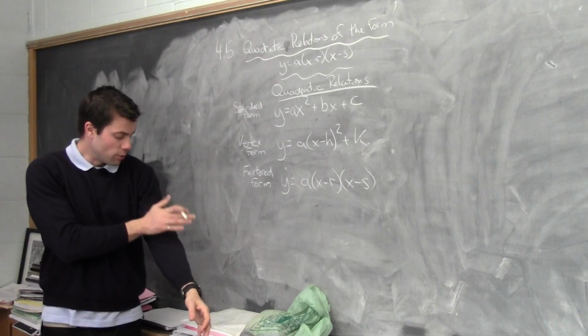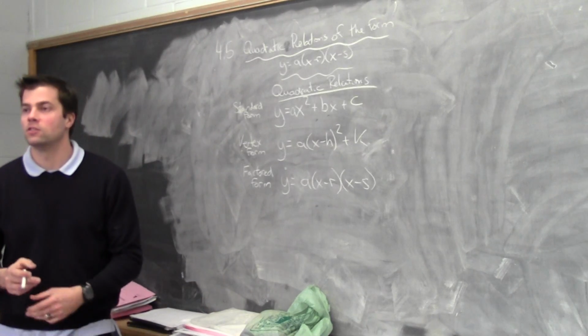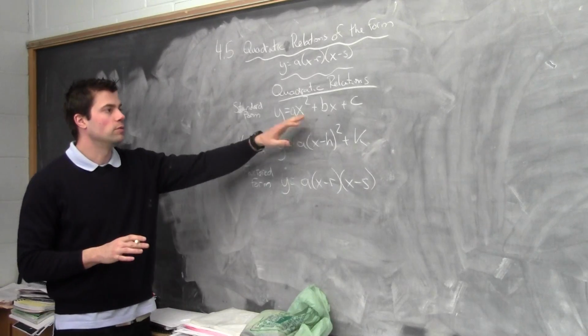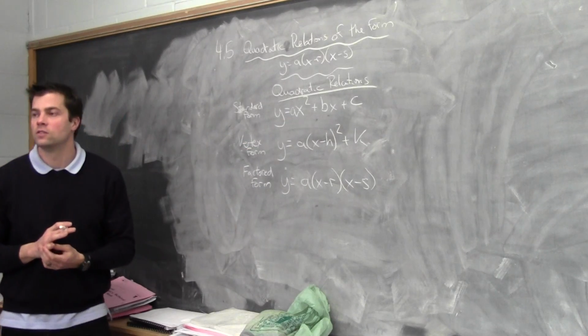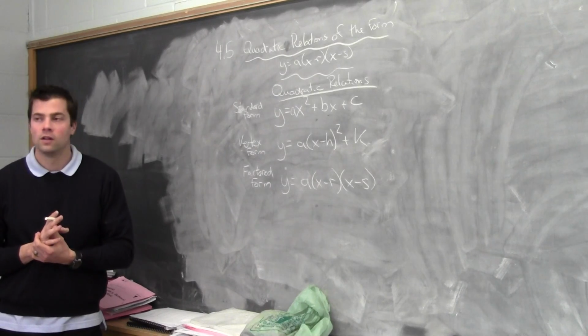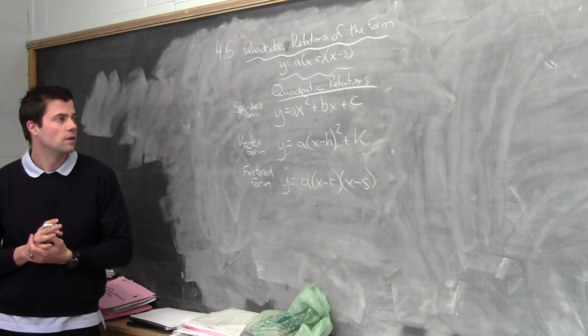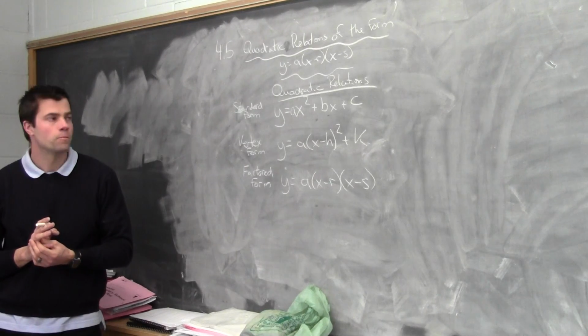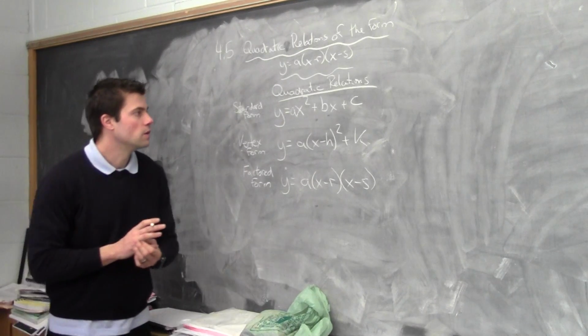Who can tell me what standard form tells us just by looking at it? Standard form. What does it tell us? Steven. It tells us the x value, the y value, gives us 3 points. No? What x value? What y value? So it says x squared, then bx. No?